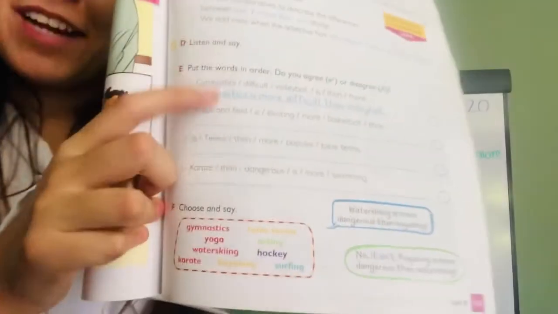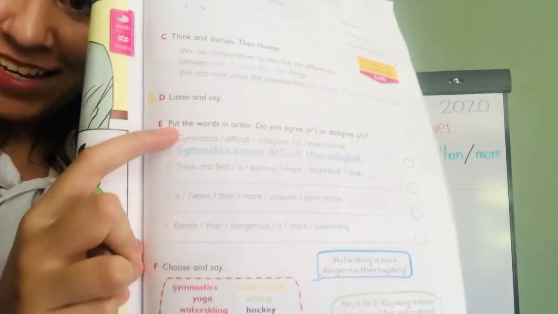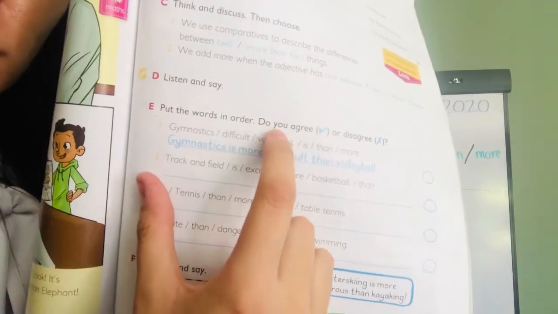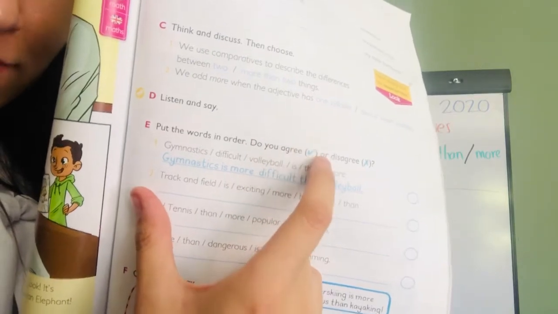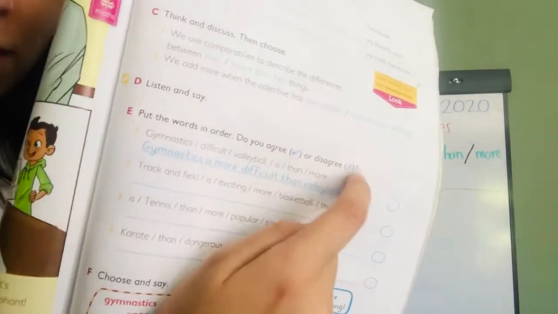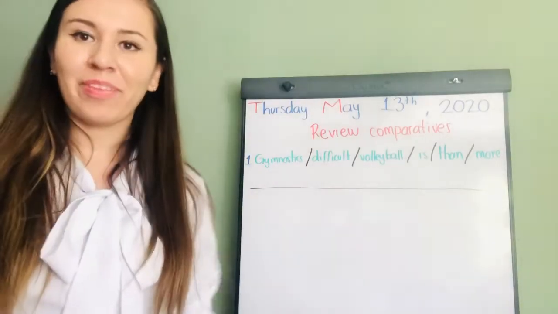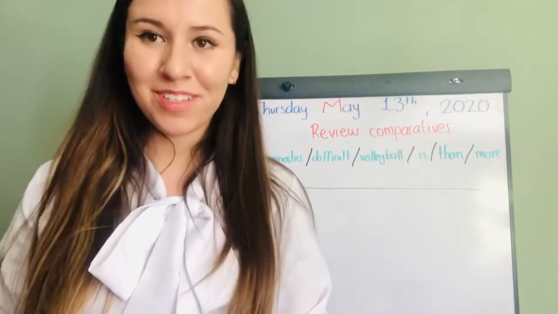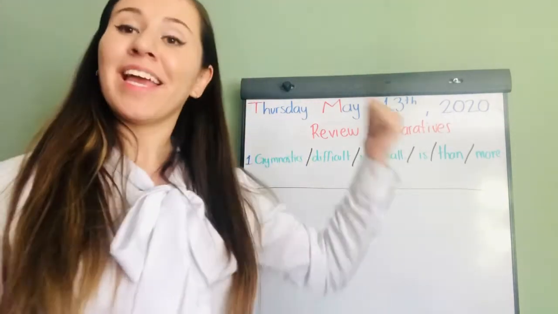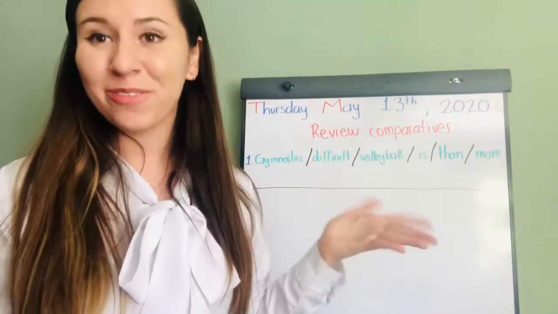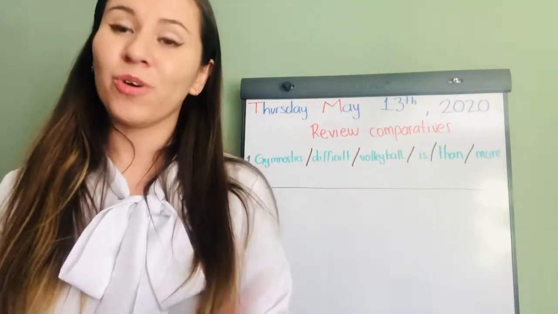Okay, now we're gonna do the last exercise. If you see, it says, put the words in order. Do you agree? Check. Or disagree? Cross. So we have these words. Do you remember Panchito the mouse? Well, Panchito the mouse came and he moved all the words. So we have to order them.